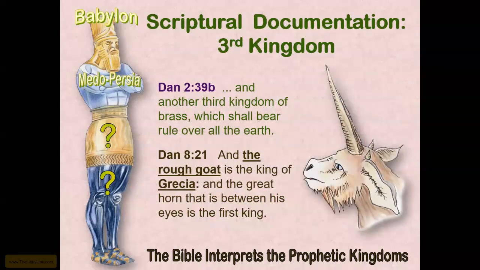The third kingdom, please continue to read Daniel 2:39 and Daniel 8:21. And another third kingdom of brass, which shall bear rule over all the earth. Daniel 8:21. And the rough goat is the king of Grecia, and the great horn that is between his eyes is the first king.